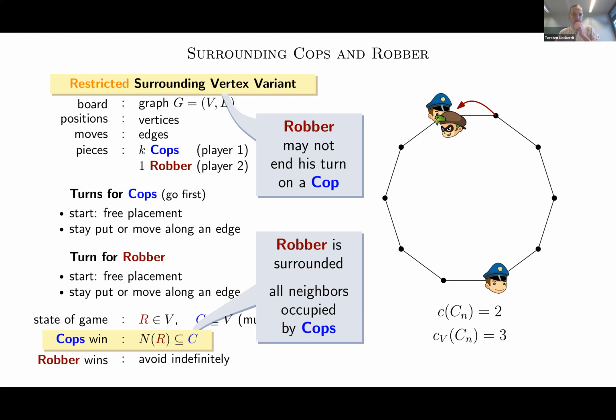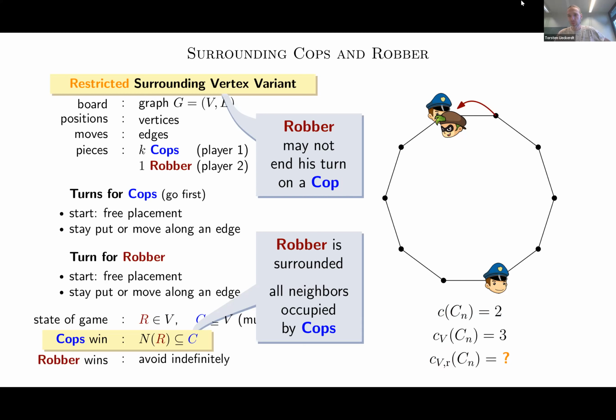This is maybe a little bit more natural. The rest is the same. The goal is still for the cops to surround the robber, just that the robber is restricted in his possible moves. So we get yet another cop number, the restricted surrounding vertex variant cop number, denoted by C sub V, comma R. The V is for vertex variant, the R for restricted.